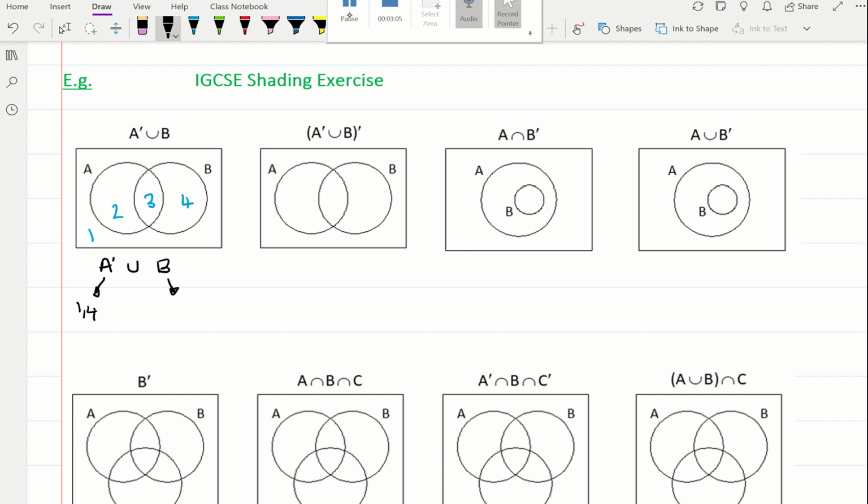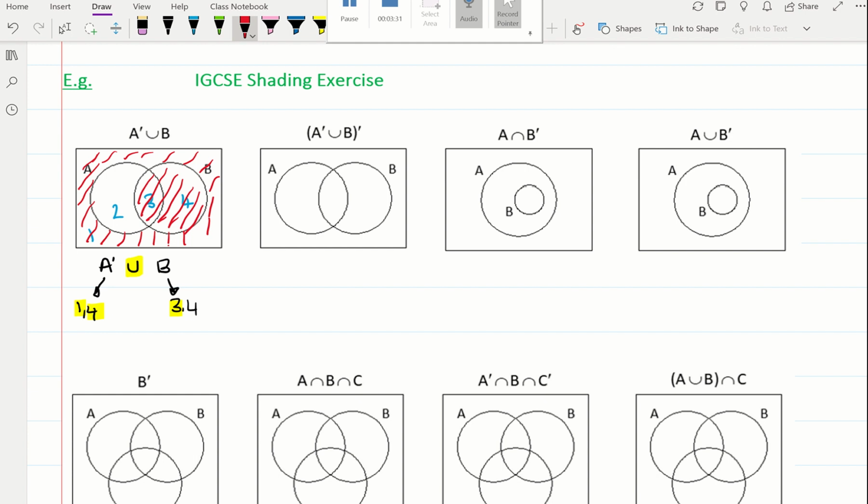And then B is 3 and 4. And this says the union, which means I want everything in the list, 1, 4, and 3, and that is what I shade. So I'm shading the outside, and I'm shading all of B, because I want the union of the complement, not A and B.